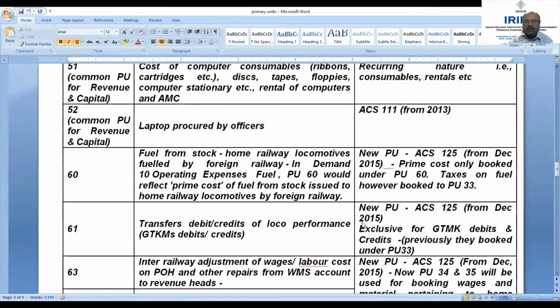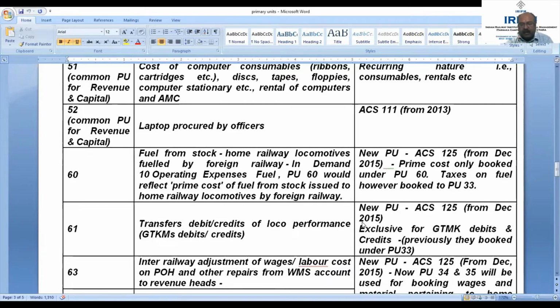Suppose home railway locomotives are fueled by the foreign railway, we can book it under this PU 60. Previously, we booked under PU 33 adjustments. Now, to distinguish separately, any home railway locomotive fueled by other foreign railways, the adjustment received in this railway is booked to PU 60.